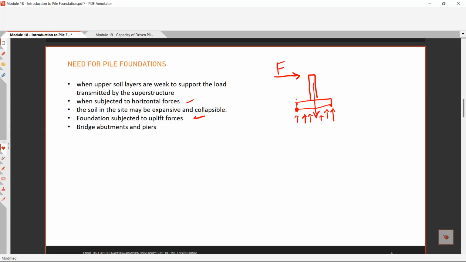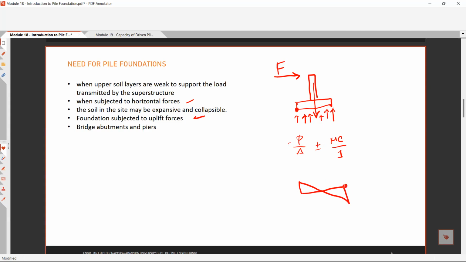So as you all know, di ba P over A plus minus MC over I, di ba? Okay. If your pressure, itong soil pressure mo, magkaroon ng tension side, okay? Magkaroon ng tension side, ibig sabihin ang soil pressure sa ilalim is naging ganito.